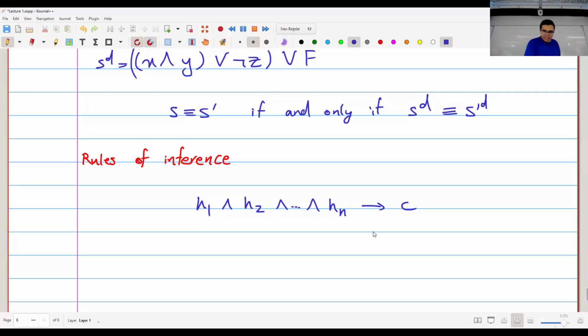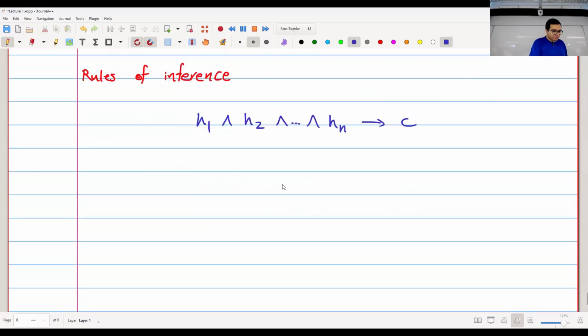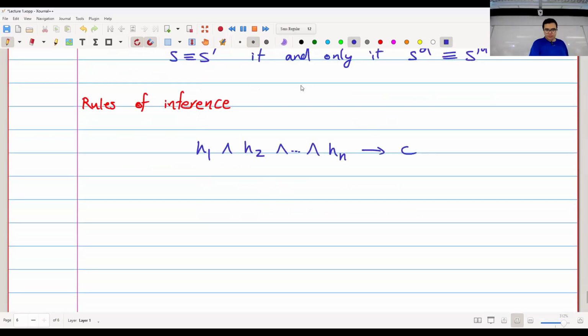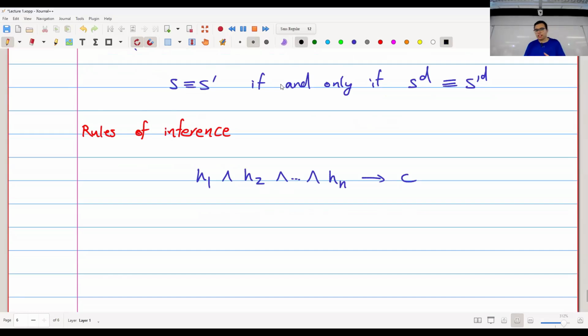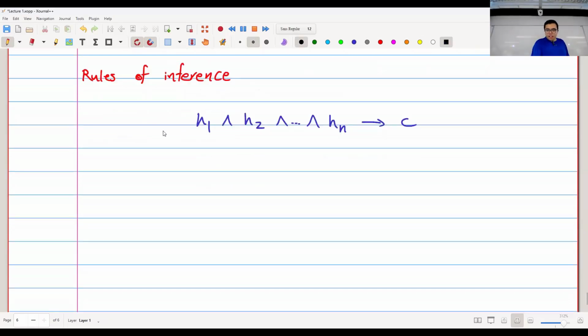But we want to have an easier way of writing these things, and the easier way is basically giving us a definition of what a proof is. If I want to prove something like this, I can always just do a huge table. But my table would be super huge because I have n premises, so I have to put 2 to the power of n different rows in my table. It's going to be super painful.